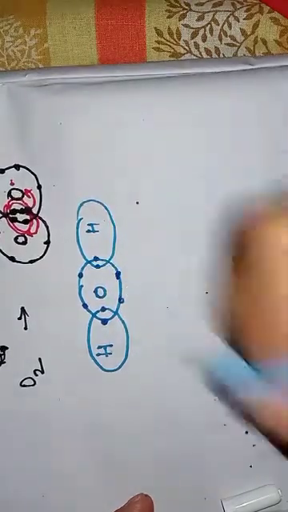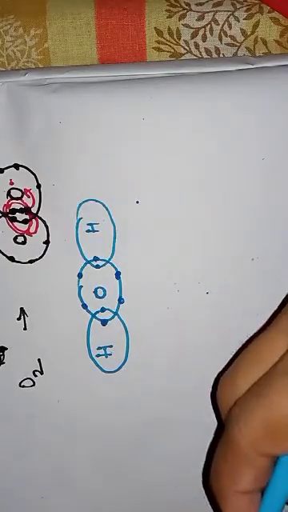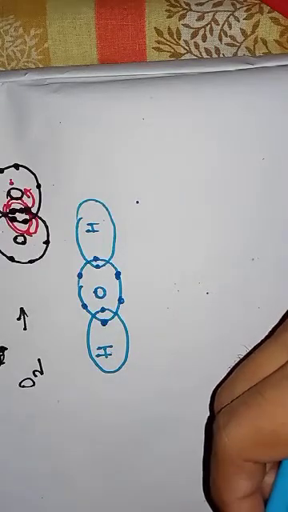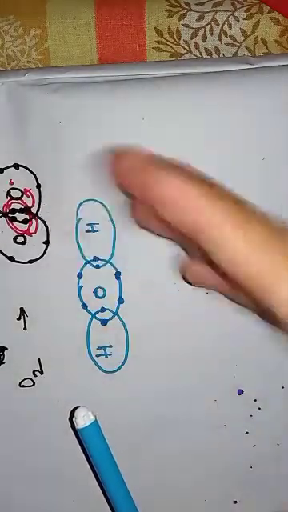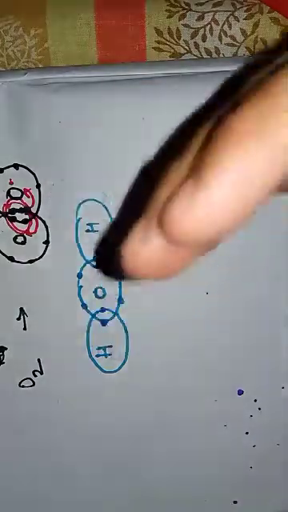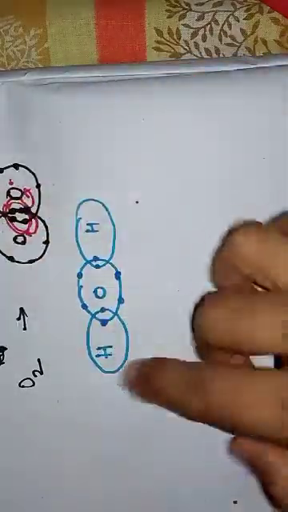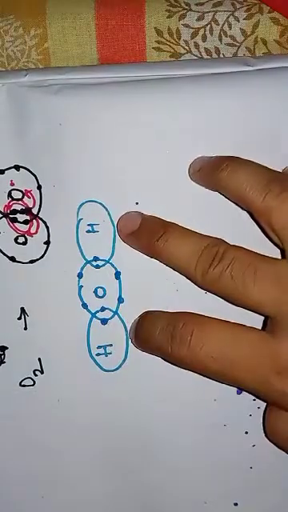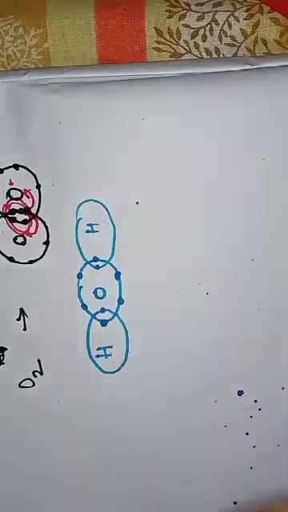So this is the basic structure of the water molecule. My dear students, as you know, hydrogen is on the left hand side of the periodic table. It has the properties of metals, but it is not a metal. It has chemical properties similar to metals, and that is why it has been kept with the metals.